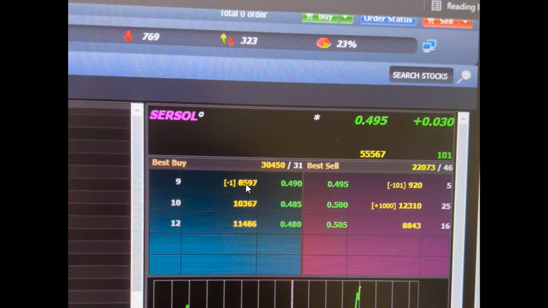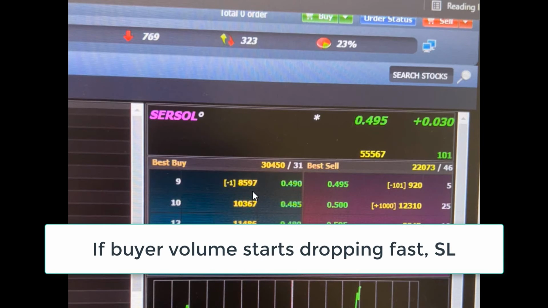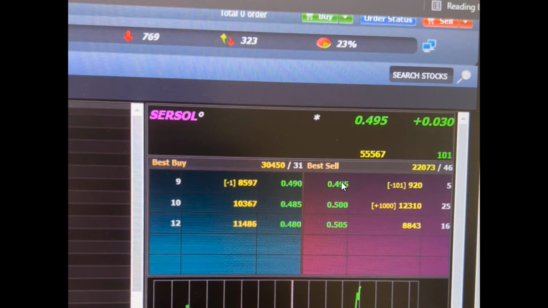And this is happening very quickly, which means this 8,597 is dropping really quickly. I will cut loss at 49 cents. In other words, the traders are no longer interested in buying up at 49.5, and they are now interested in selling at 49 cents, drawing out this number here.